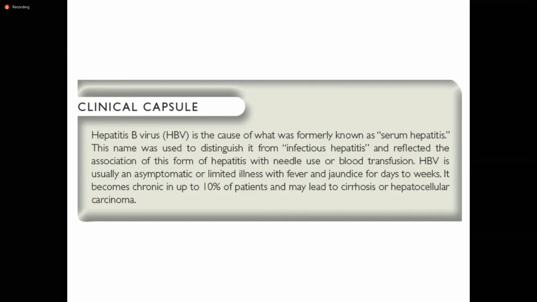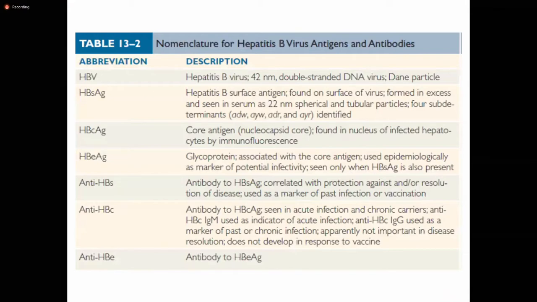Here, only about 10% of the cases become chronic. Now, let us go to this table, which is a very important table. This is one of the most important tables, and always you have to expect some questions from this table and the clinical scenarios.